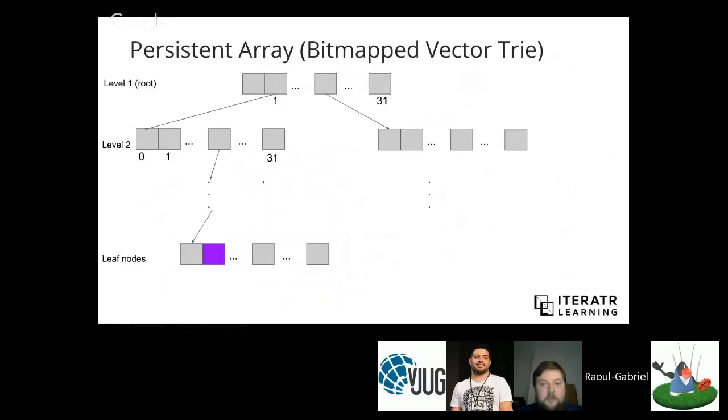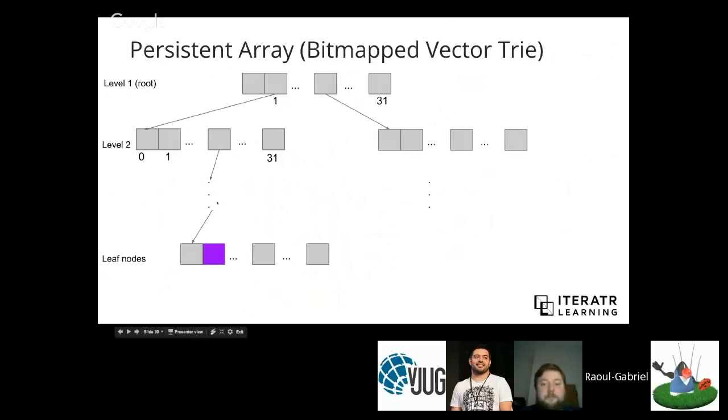For example, if we have a branching factor of 32, we could store up to 33 million elements, so 32 to the power 5. And that would give us a tree with a depth of only 5. Big data. So if we need to find and update an element in this data structure, we only need to do 5 lookups.